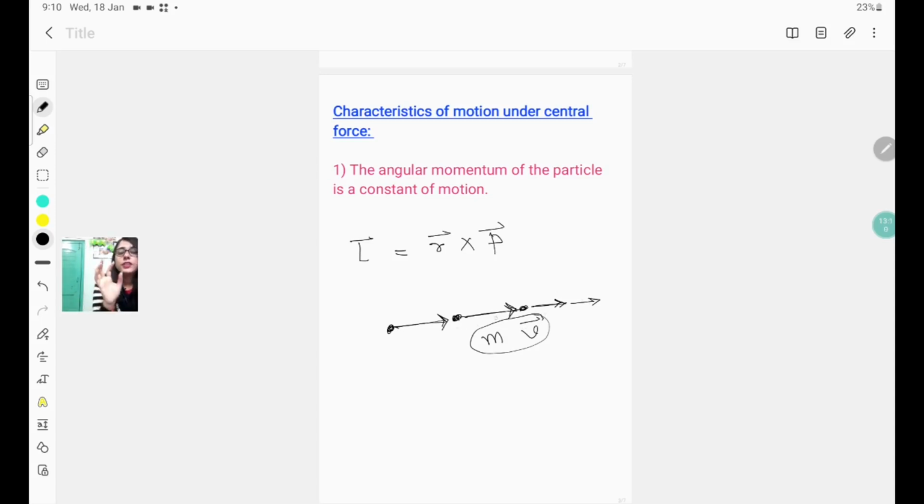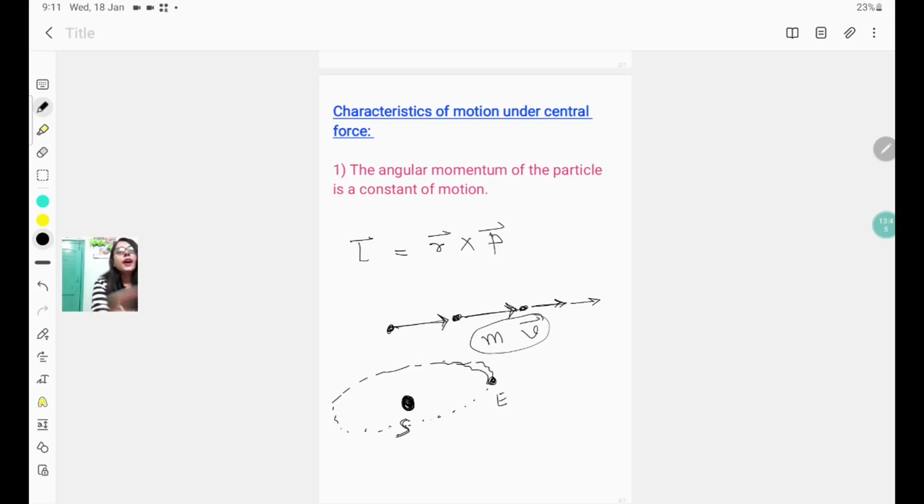But the story of angular momentum comes if the particle is rotating. Suppose this one is the Sun and this one is the Earth, and the Earth is rotating. The Sun is in a focus of the Earth's trajectory, which is an elliptical orbit.